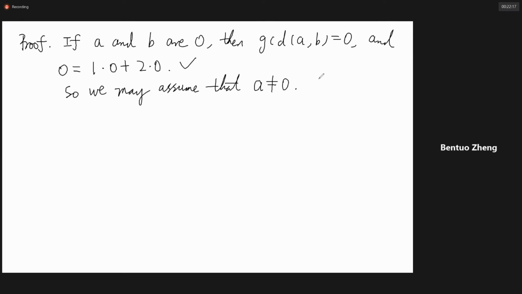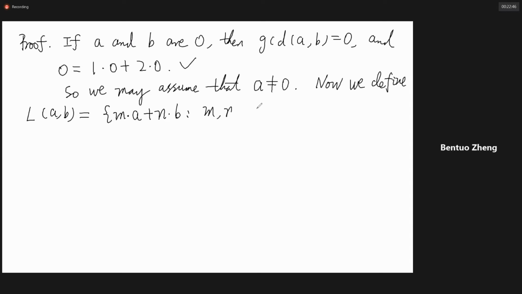Now we define a subset of the natural numbers. We define L of AB to be the set of all linear combinations of A and B, that is M times A plus N times B, where M and N are integers.